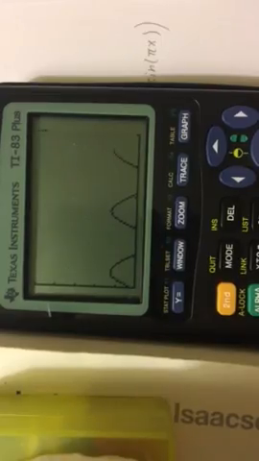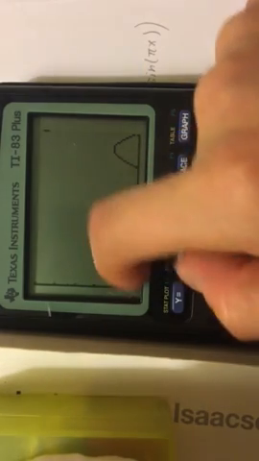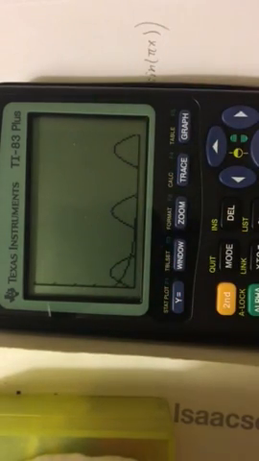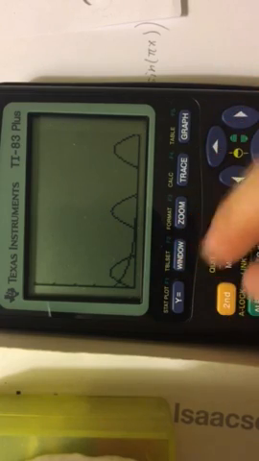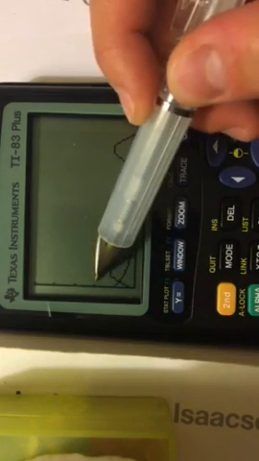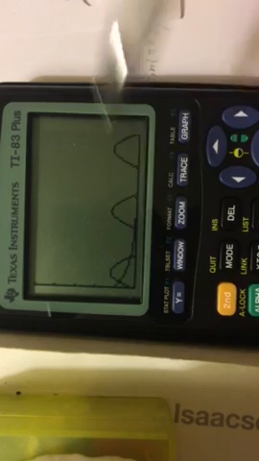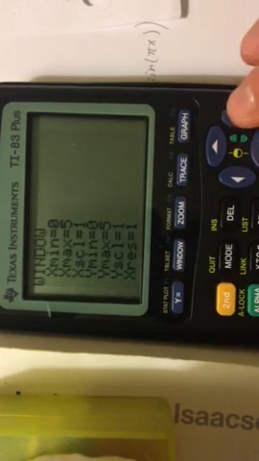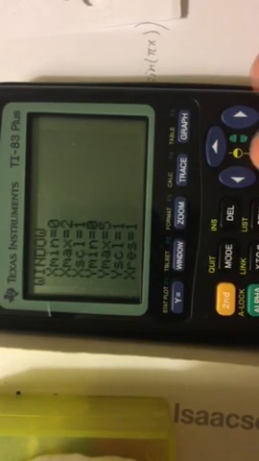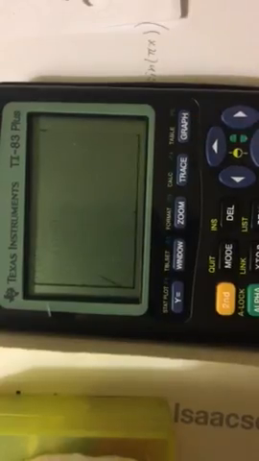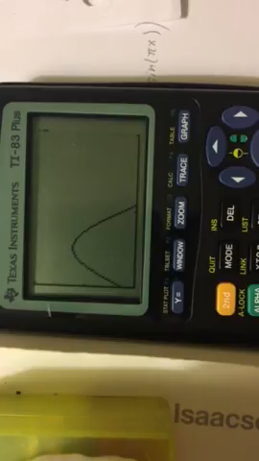Now you know the only part you need is this part, which is like 2 on y and also 2 on x. So you do the window again, max, change it to 2, graph. Yeah, this looks pretty good.